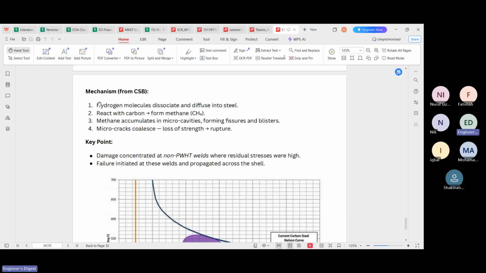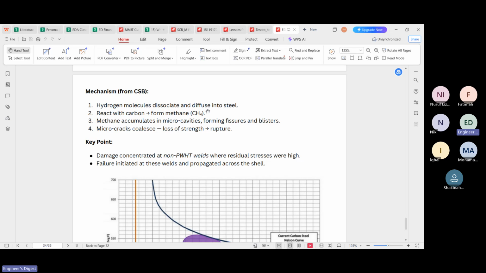So what happened is these hydrogen molecules, H2, dissociate and diffuse into steel. So they go into the steel, because if there is a crack, hydrogen can enter through the crack into the steel. Then it reacts with carbon, so hydrogen reacts with carbon and becomes methane.